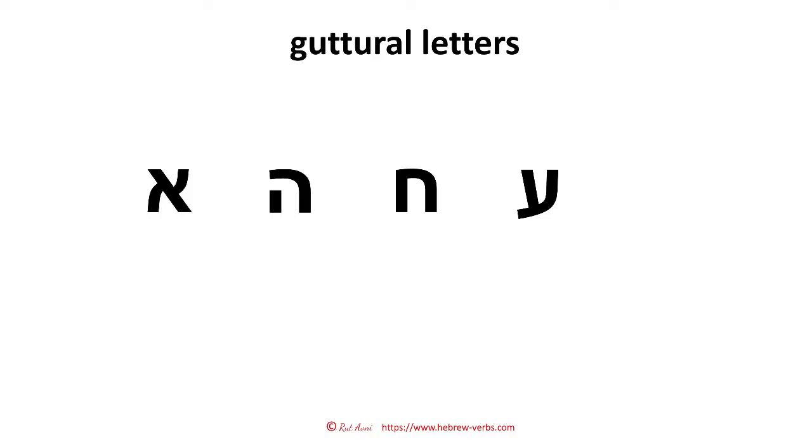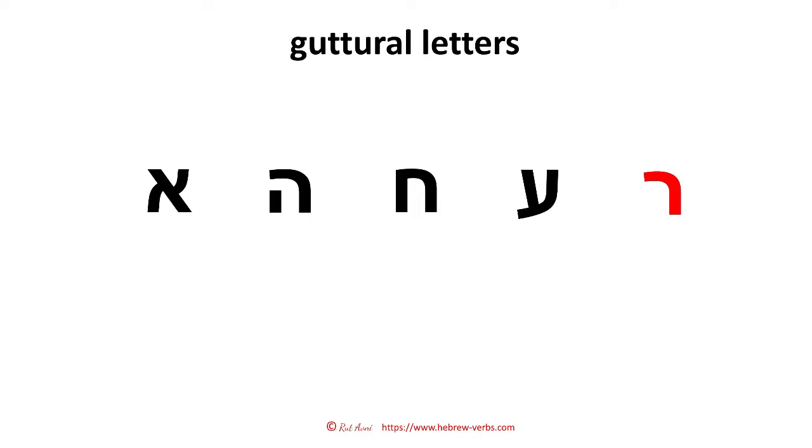Okay, let's start. To understand the whole story, we first have to look at guttural letters. These are the guttural letters that you might be aware of: Aleph, Hey, Chet, and Ein. But there is also Resh. Well, technically, Resh is a guttural letter.